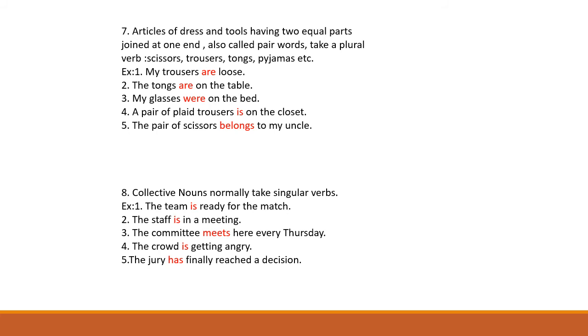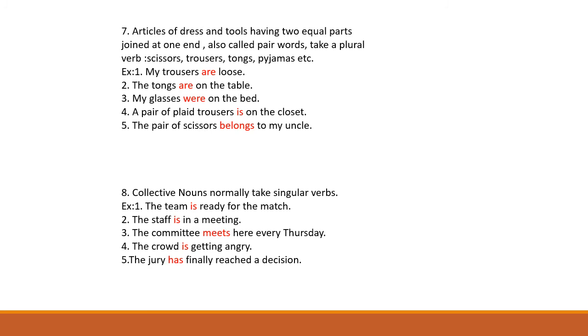Now, when I use pair here, I use a singular verb. Got it? When we use pair, we use a singular verb. Otherwise, we use plural, since trousers, tongs, glasses are two parts, though each is one thing.